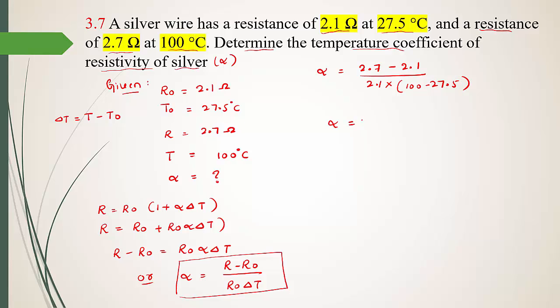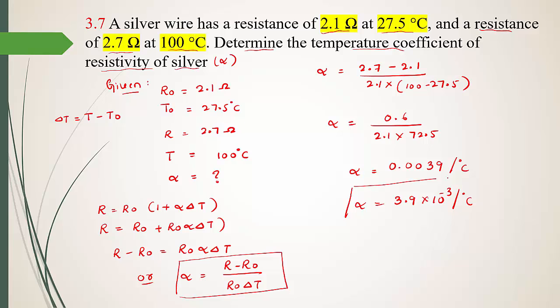Using a simple calculator, you can solve this problem. 2.7 minus 2.1 is 0.6, divided by 2.1, keep as it is, into 100 minus 27.5, which is 72.5. So alpha equal to, we get the final answer 0.0039, and its SI unit is per degree Celsius. Or we can write 3.9 into 10 raised to minus 3 per degree Celsius. This is the value of the temperature coefficient of resistivity of silver, which is denoted by alpha.